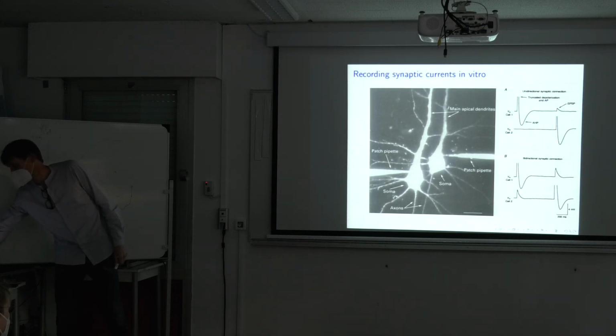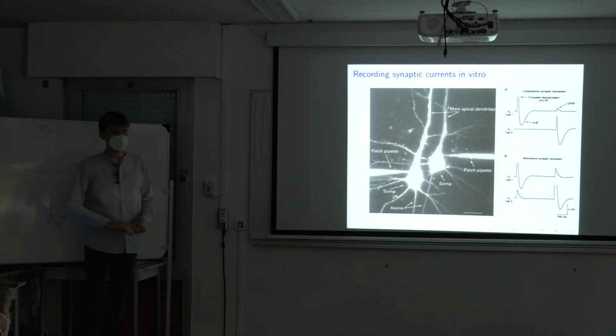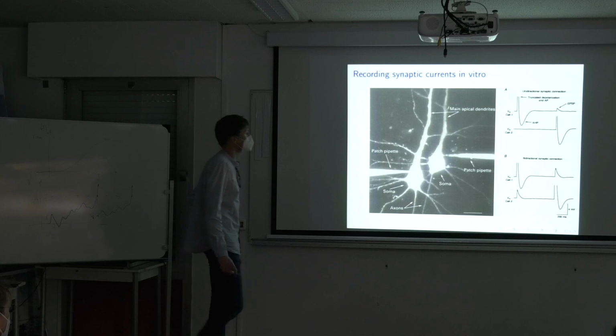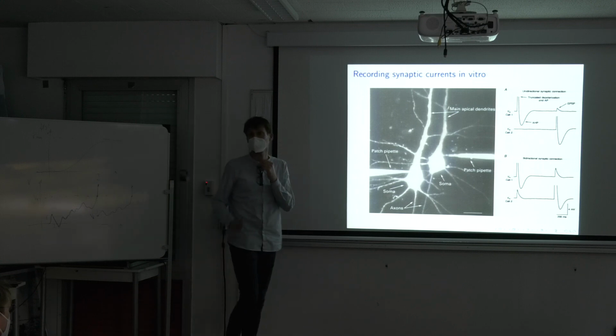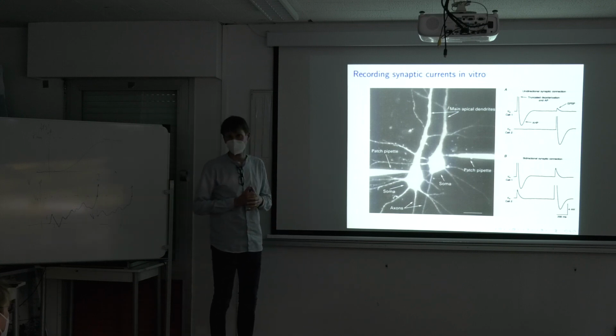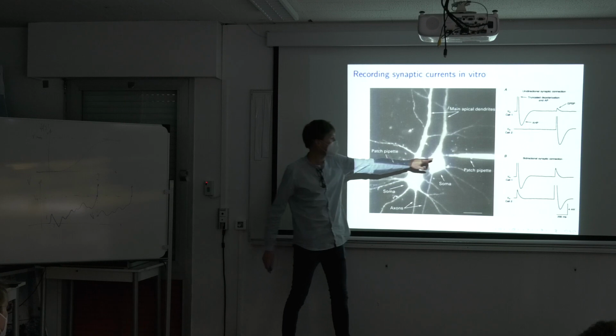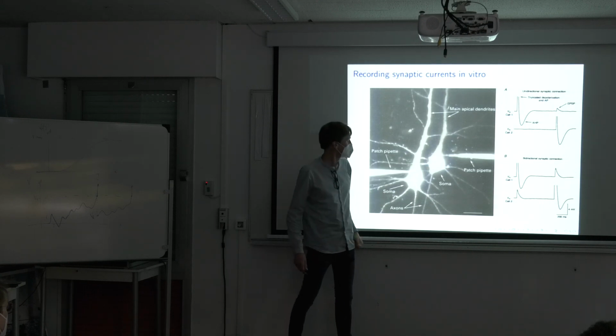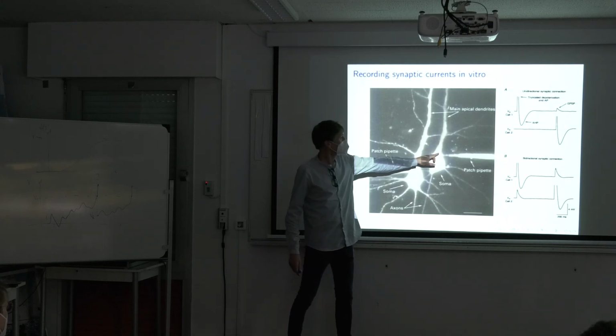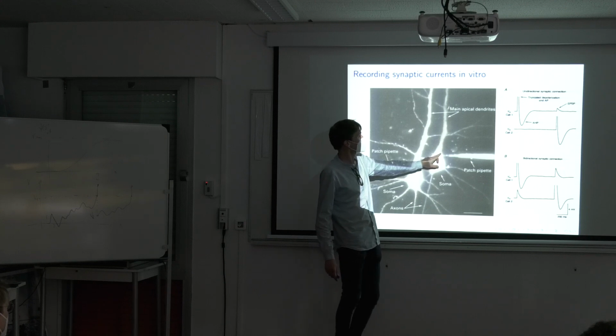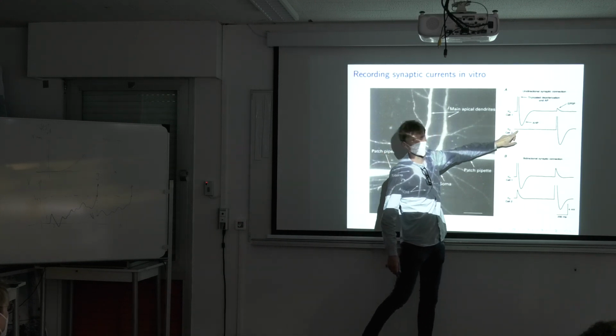And again, electrophysiologists can record these single synaptic currents by recording in a slice. Now you have two so-called patch pipettes. You see these two neurons, and then you can trigger action potentials in one of the neurons, and you can check what happens in the other neuron, right?